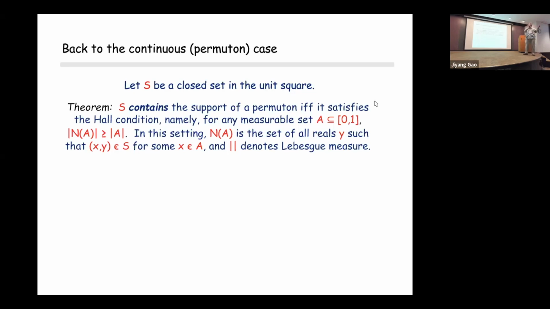Take a subset of x, you inverse project it up to your set, and then project it over to y. That gets you the neighborhood of the set u. And then you just compare the Lebesgue measures, and you're good to go for having something that's supported in S. But we want something which is supported exactly by S. So what can we do?